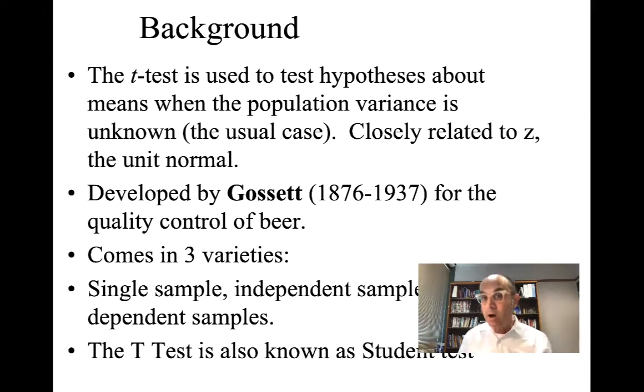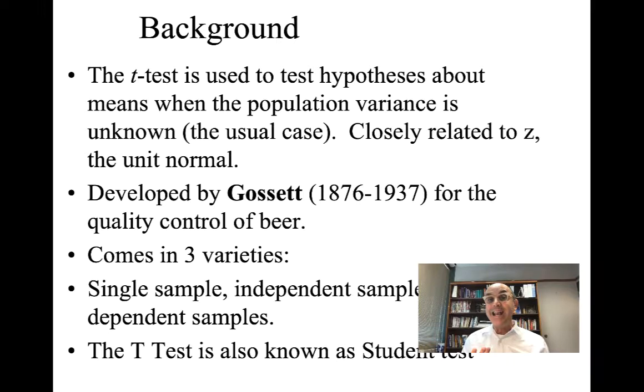So, background about the t-test. It's used to test hypotheses about the means when the population variance is unknown. It's closely related to the z-score, which is a unit of study. And it has a little bit of history, which is always good to know.